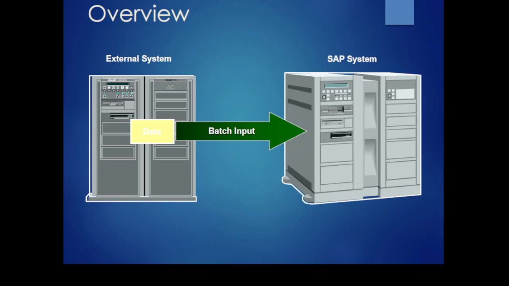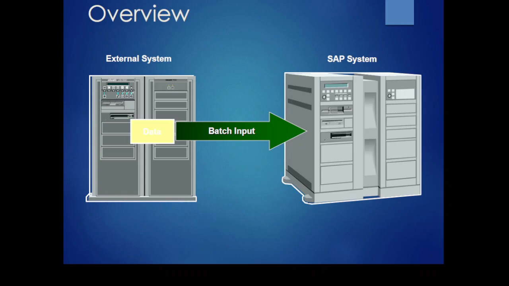In this video, we will learn the basics of batch input. When transferring data into SAP system, we can do two types of transfers. Number one, conversion, and number two, interfaces. Conversion is a one-time transfer from a legacy system that is being replaced by the SAP system.